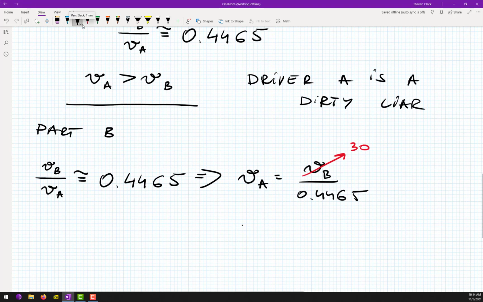So VA is approximately 67.185 miles per hour. Okay, this is the end of the problem.